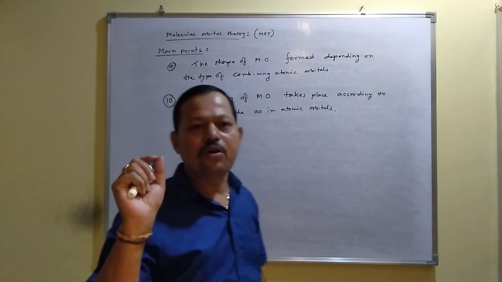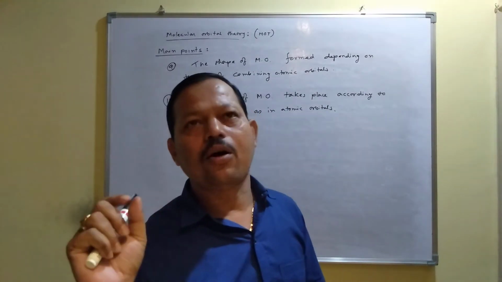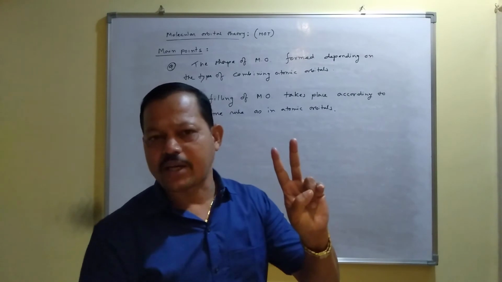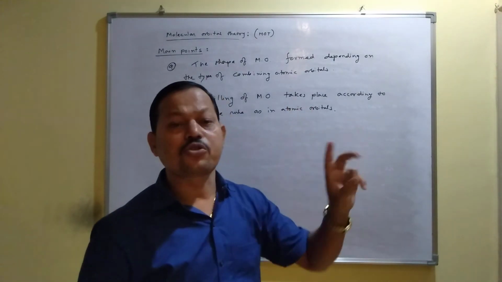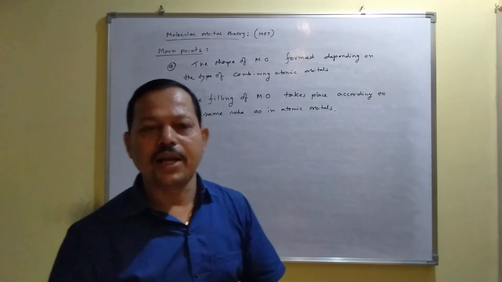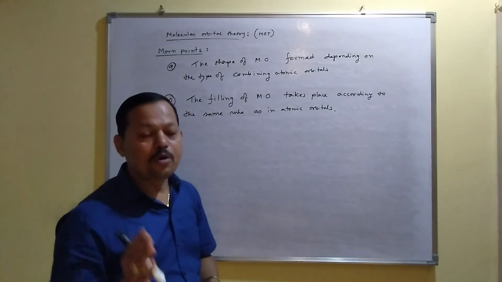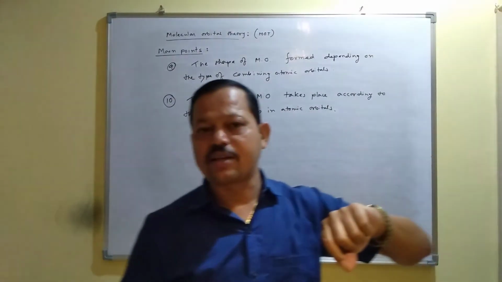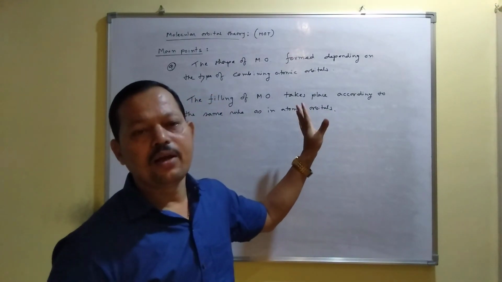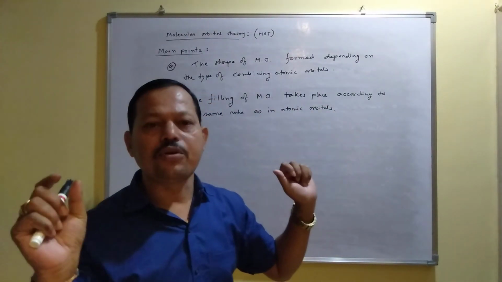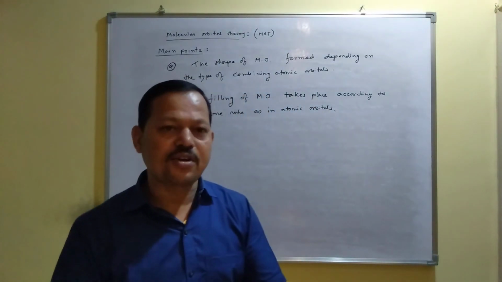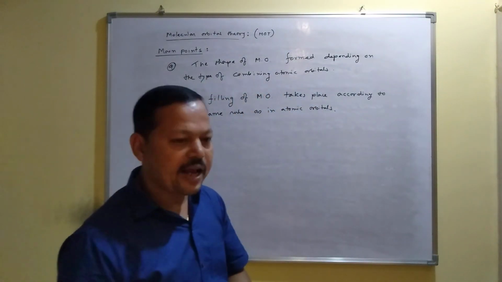As you know, according to Pauli exclusion principle, in an orbital maximum 2 electrons should be present. Similarly, in molecular orbital also you have to enter maximum 2 electrons. And according to Aufbau principle, you have to enter the electron first in that orbital which has the lowest energy. Similarly, you have to apply that rule here also. In the molecular orbital which has lowest energy, you have to enter the electron first. After that you enter higher energy orbitals.